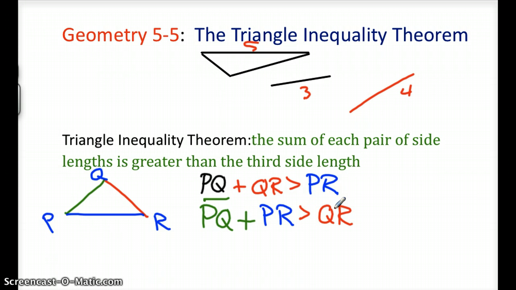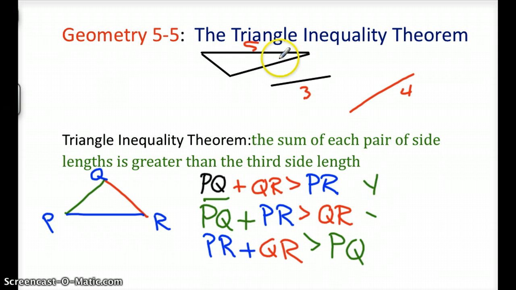And the 2 I haven't added together yet are PR plus QR, and that has to be greater than PQ. If I test all of those and they're all true, then those segments will make a triangle.